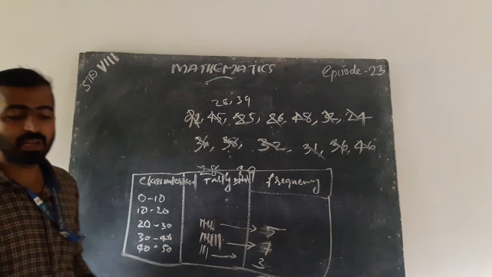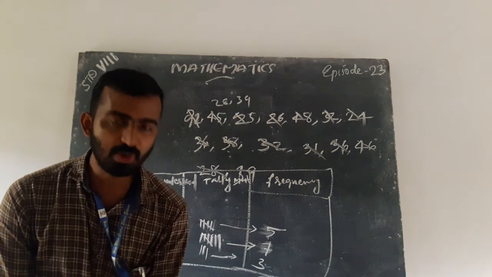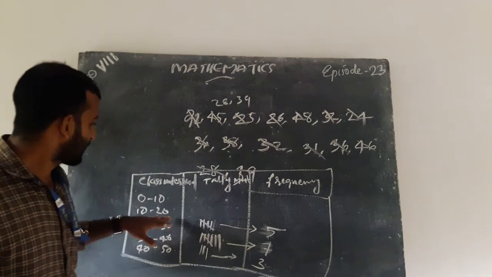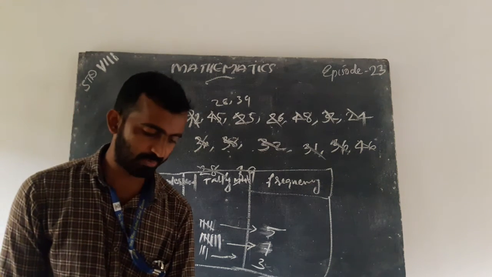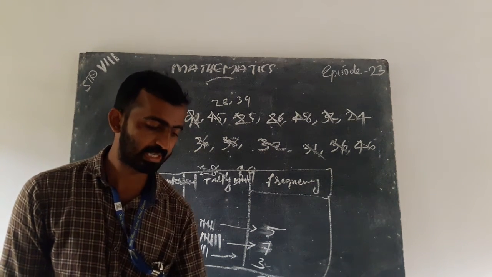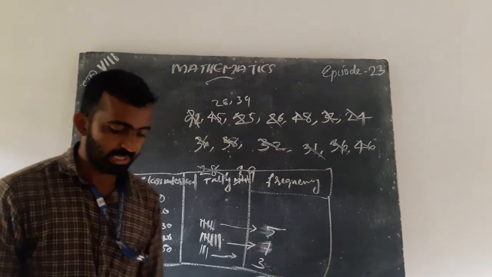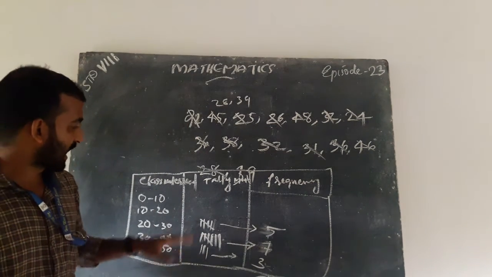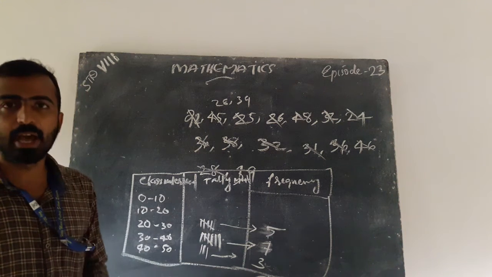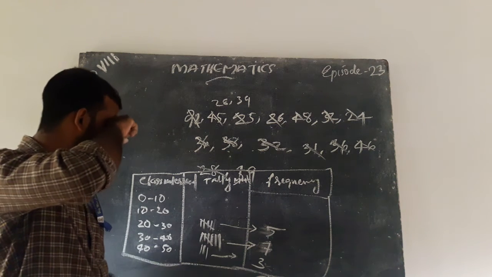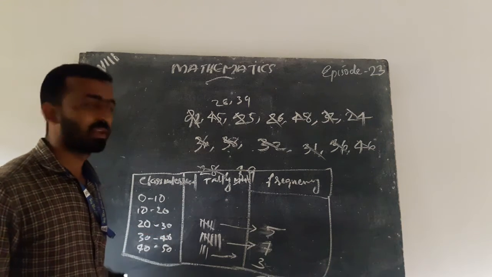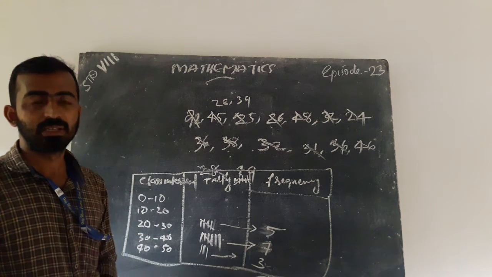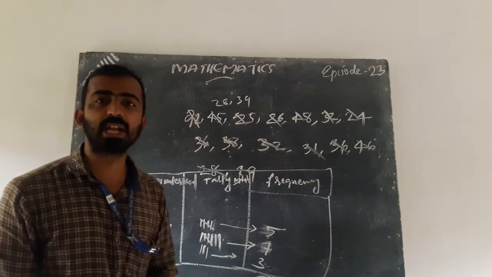Here 20 is the upper limit and 10 is the lower limit. The difference, upper limit minus lower limit, is the same in all intervals. That is, the class width is 10.